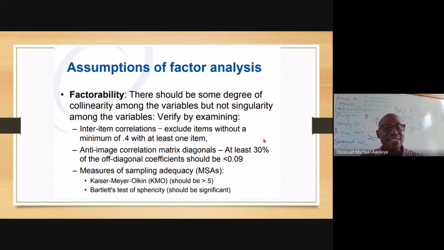The threshold here is telling us that your KMO should be greater than 0.5, and your Bartlett's test of sphericity should be significant. And we already learned what it means to say that something is significant, true or false, at a given threshold.